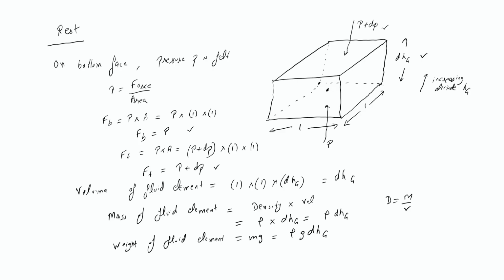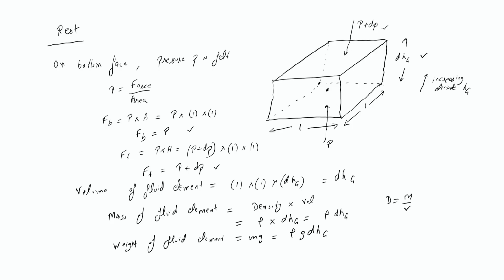Alright. Now what are the forces which are acting on this fluid element? Okay. So one is this pressure at the upward direction, this P plus dP at the downward direction at the top face, and the third will be obviously the weight of the fluid element. Okay. Now weight will obviously be acting at downward direction, and this P plus dP is also in downward direction, and in the upward direction we only have P. Okay, so we have to equate those forces.